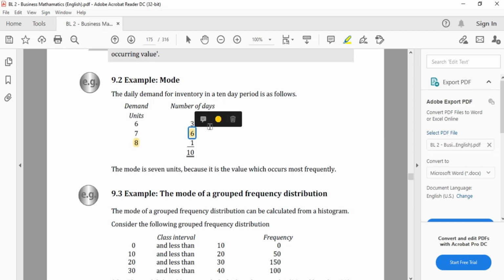Now what mode says is to see the highest number of days that you received a particular demand. If you compare the number of days, the highest number of days is 6, isn't it? Because for 6 days we have continuously received 7 units demand, as compared to 3 days and 1 day.